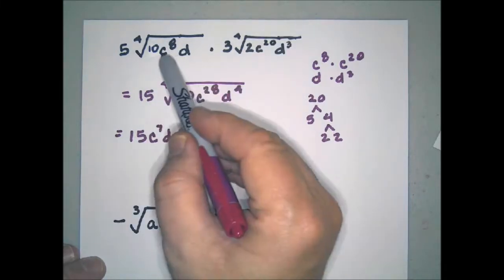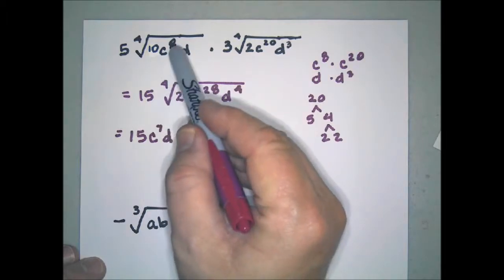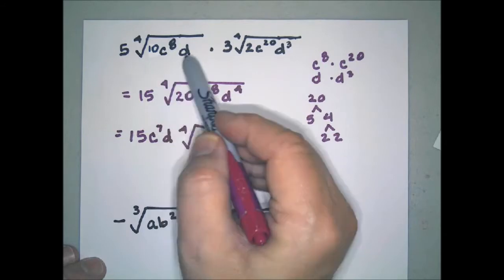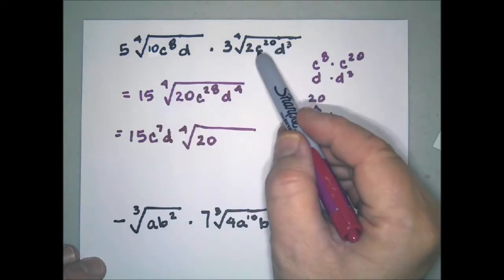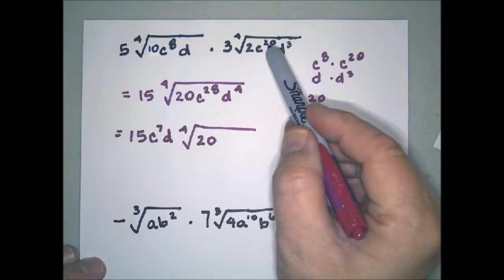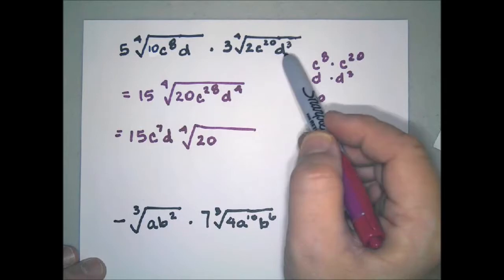If c were negative, taking it to the 8th power would turn it positive, and this would be able to be done. C to the 20th. If c were negative, taking it to the 20th power would be positive, and so this would be capable of being done also.